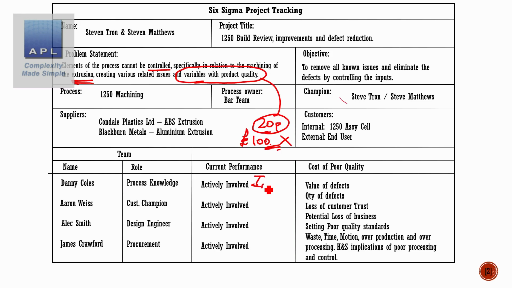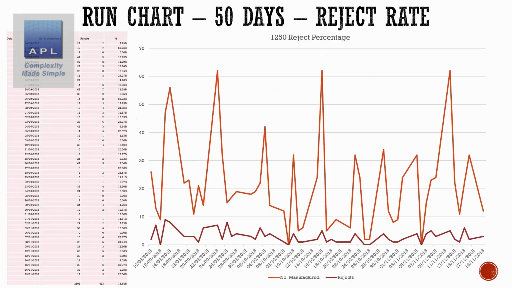They then also get inaccurate stock records, so they run out of this simple plastic extrusion because they're using much more of it than they need to. So lots of cost of poor quality going on here that just isn't needed.